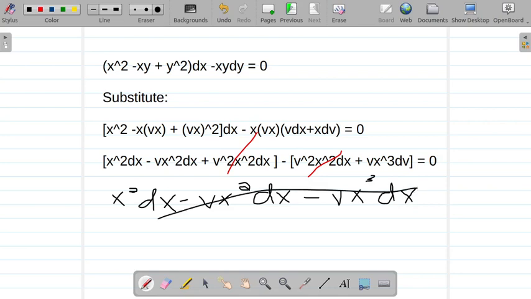So, ang common sa ilang equation is x squared. So, we can eliminate x squared by dividing this equation by x squared.